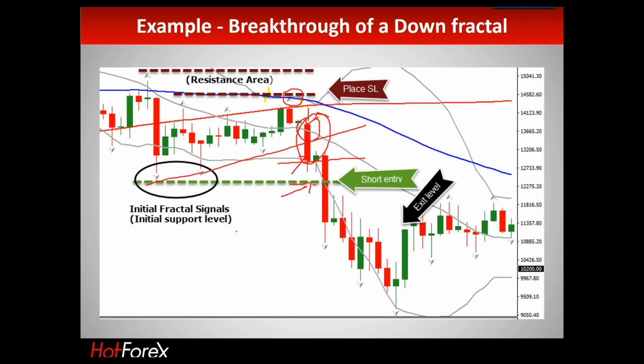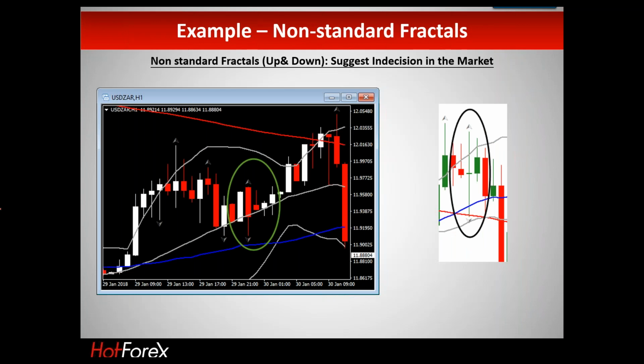If you're taking consecutive fractals, then this points you to some support and resistance level. It might not be 2 or 3 consecutive, it might be just a single one if you see a rebound of the pair. However, the more there are, the more reliable, accurate and stronger the support and resistance area should be. Okay.